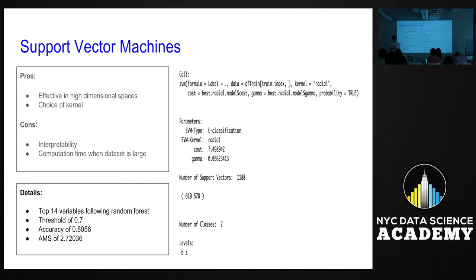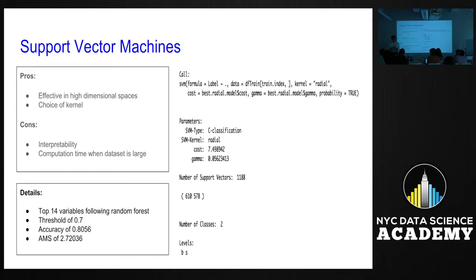Just some cons. As with anything solely focused on prediction, there's a trade-off in interpretability. And also, SVM in particular has a problem in terms of computation time when the data set is very large.